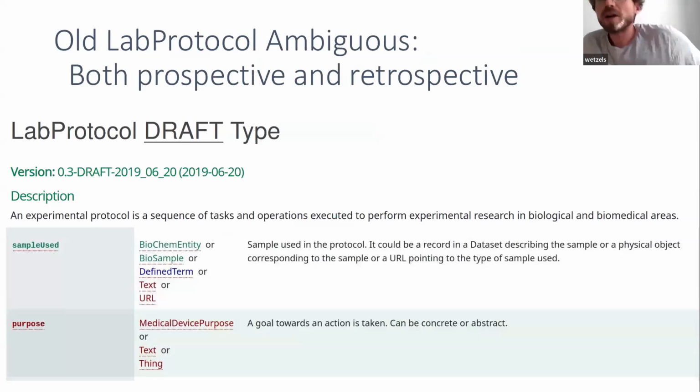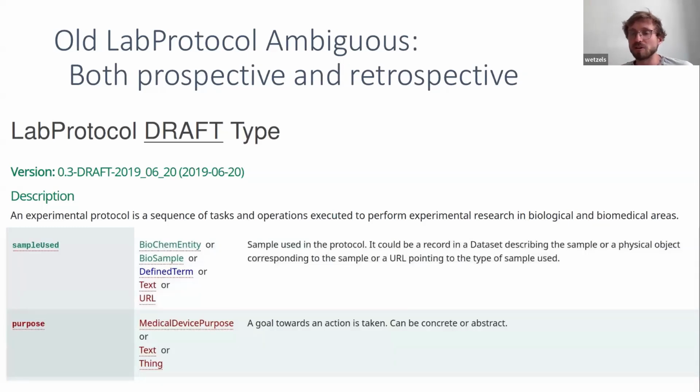So why do we need changes in Bioschemas for this? Well, there was this LabProtocol type, but the old LabProtocol type was very ambiguous about the separation. It was both a process, as I described it before, and a protocol. For example, the description was not very clear. It said an experimental protocol is a sequence of tasks and operations executed to perform experimental research, which doesn't make it clear whether it is the prospective or the retrospective description.